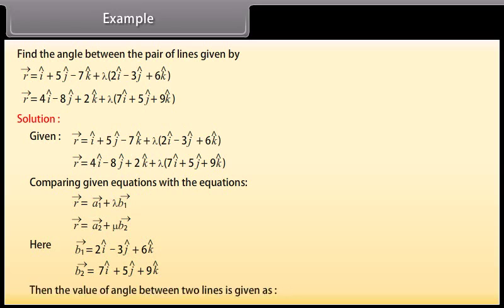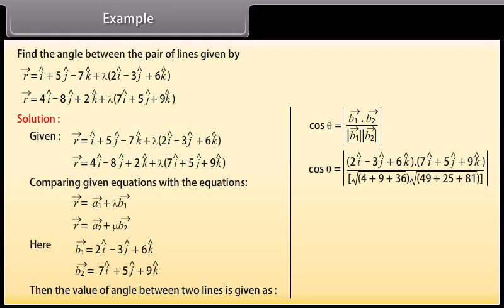Then the angle between the two lines is given as cos theta equals modulus of (vector b1 dot vector b2) by (modulus of vector b1 into modulus of vector b2). Cos theta equals modulus of the dot product of (2i minus 3j plus 6k) and (7i plus 5j plus 9k) divided by the square root of (4 plus 9 plus 36) into the square root of (49 plus 25 plus 81).